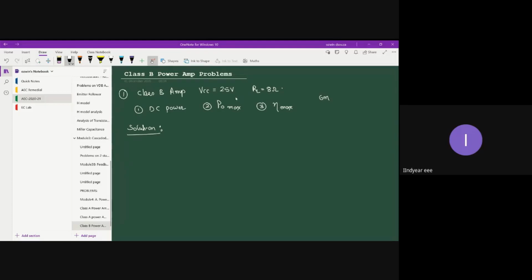On the other hand, if you go for a transformer coupled class B power amplifier circuit, you would be needing an additional information, something like the transformation ratio, the transformer details, etc. Since there is no information of transformer, you can consider this particular circuit as a complementary symmetry class B power amplifier circuit. So in the solution, first statement would be the justification why you are considering complementary symmetry power amplifier circuit. So let me write it down.